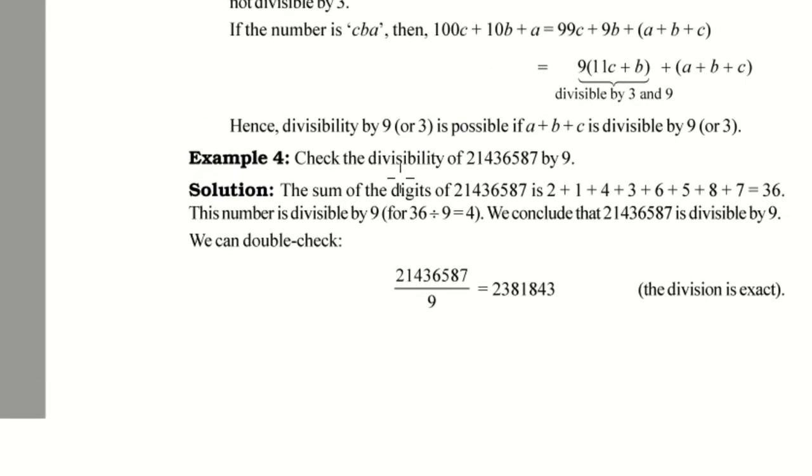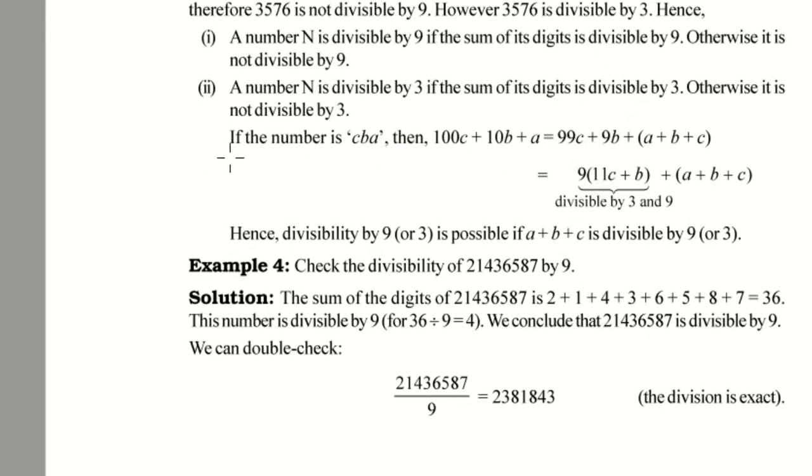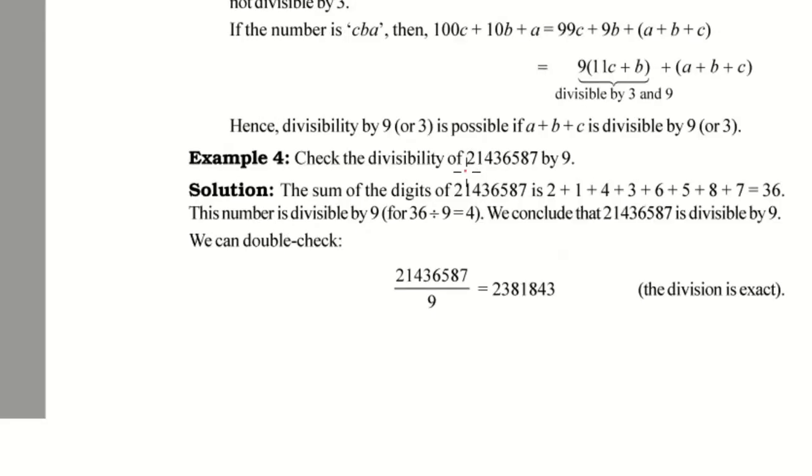Let us see an example. Check the divisibility of this number by 9. If we follow the conventional long division method, it will take significant time. So we can use the trick that we proved here. Add the individual digits of the given number: 2 plus 1 plus 4 plus 3 plus 6 plus 5 plus 8 plus 7, which is equal to 36.